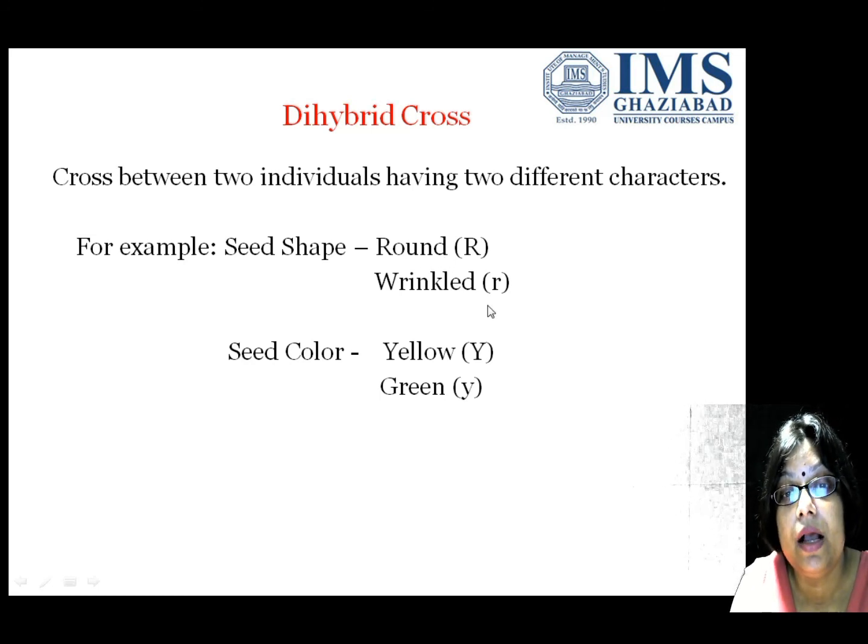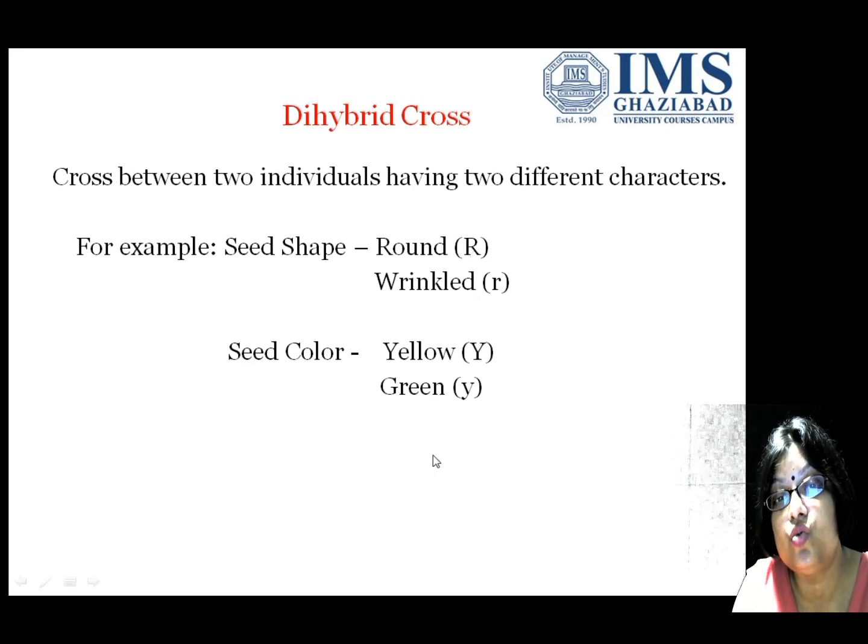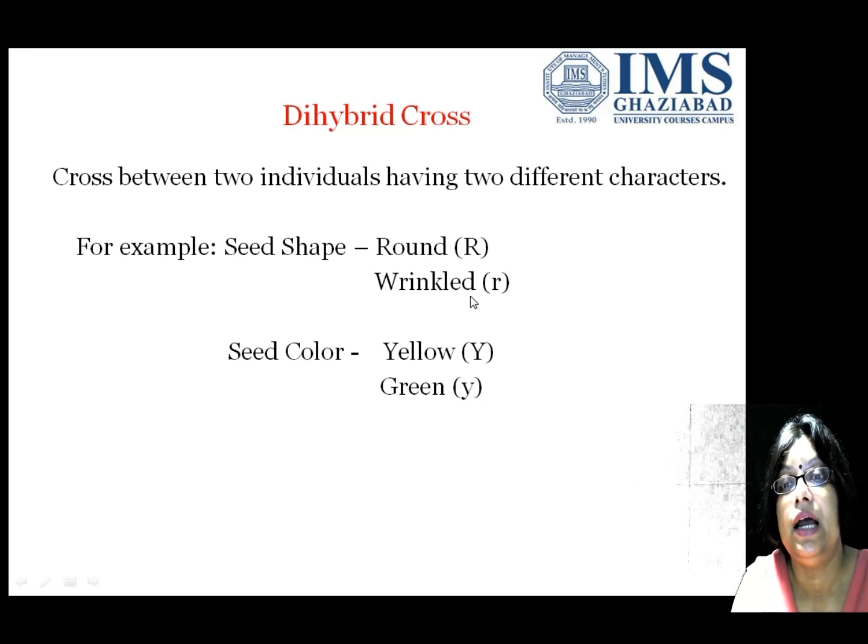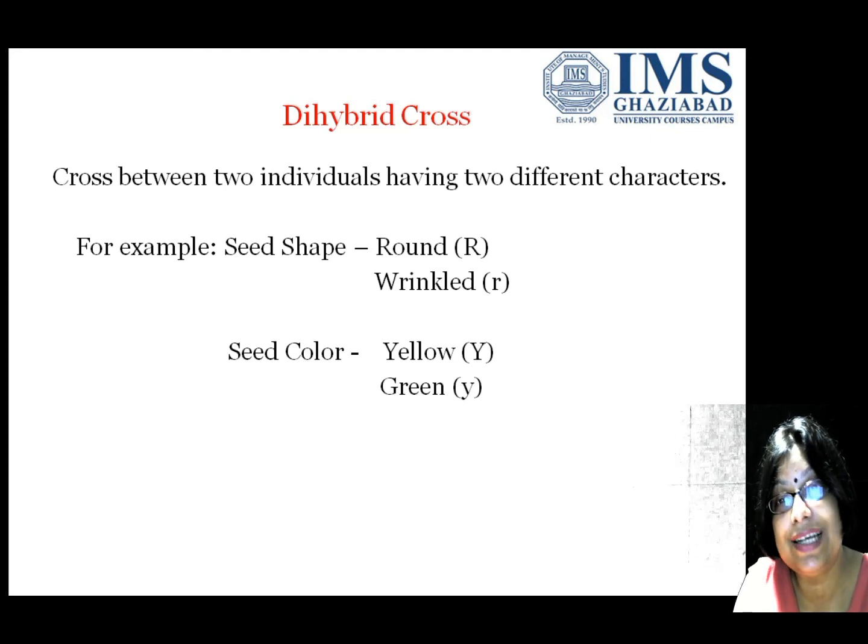But in the dihybrid cross, we take two different characteristics, and each characteristic varies in its form. When we receive the F1 generation, this F1 hybrid will have the combination of two different characters with varying forms.